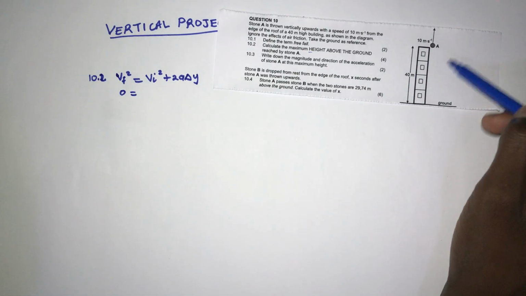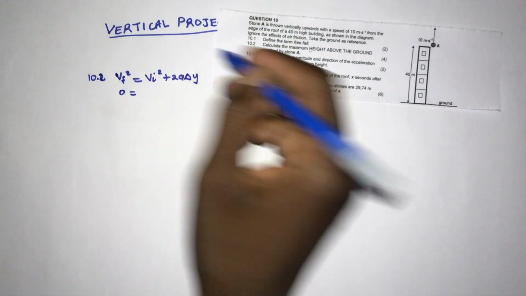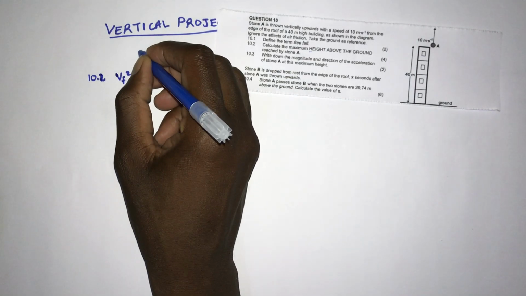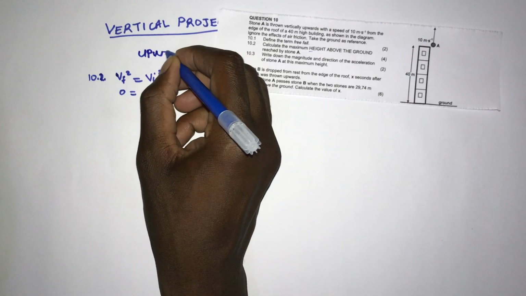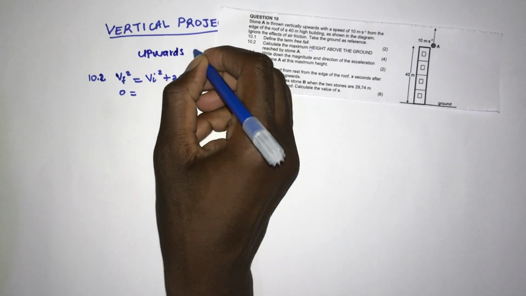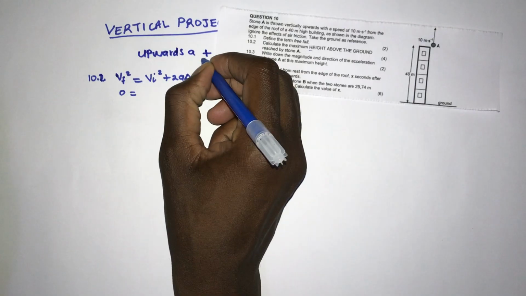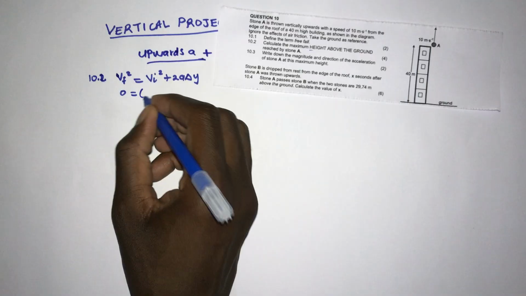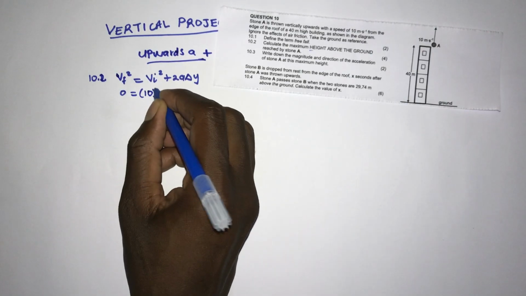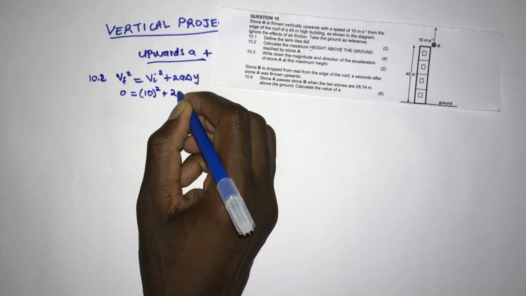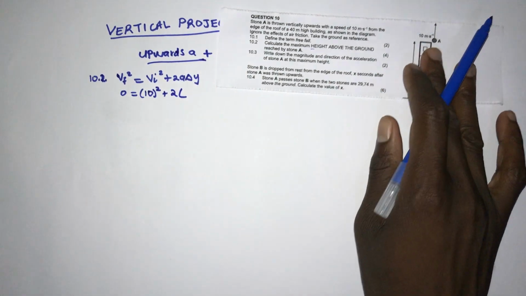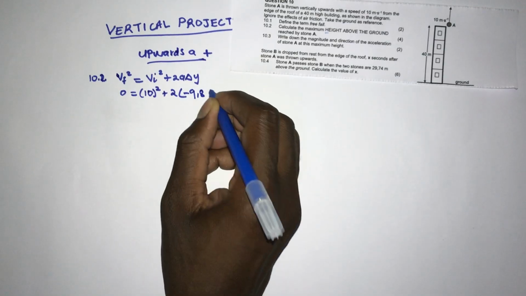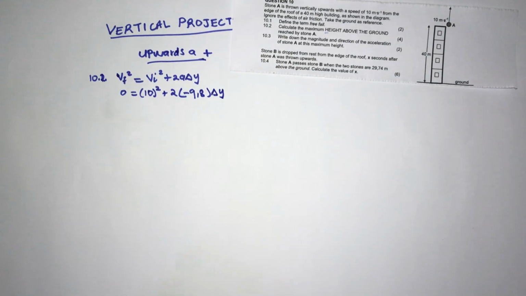Here we're going to choose the direction. Since the stone is going up, I'm going to choose upwards as positive. So it's going to be positive 10 squared plus 2, and since we chose up as positive, the gravitational acceleration is going to be negative 9.8, then change in y.